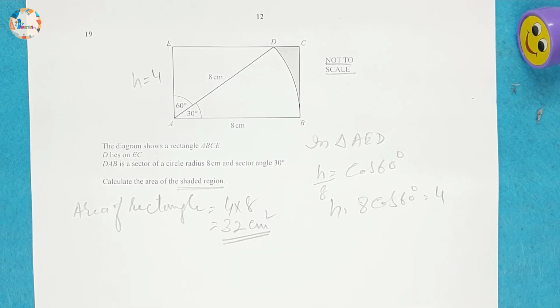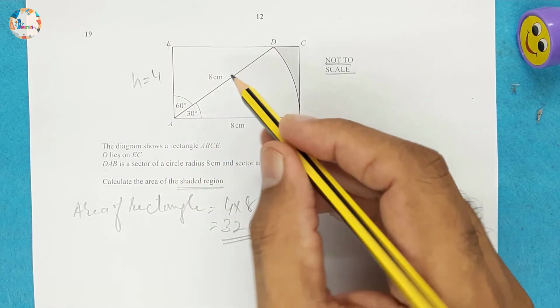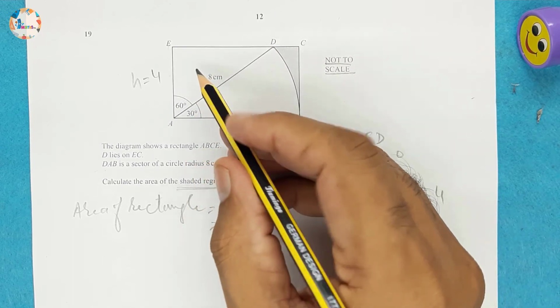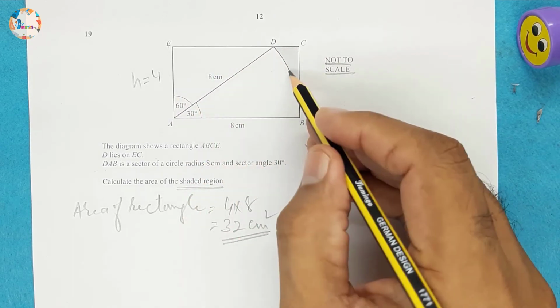So this is basically the total area from which we have to subtract this triangle area and sector area.